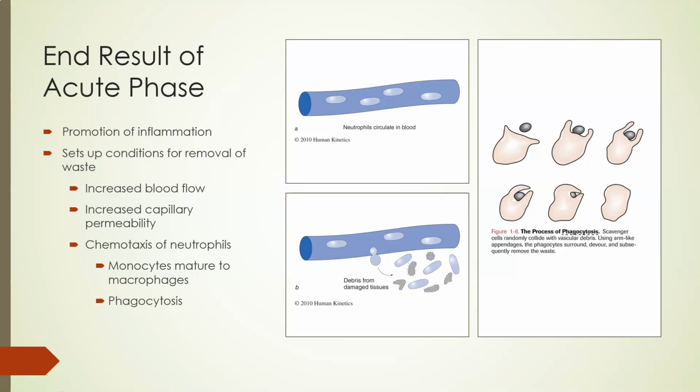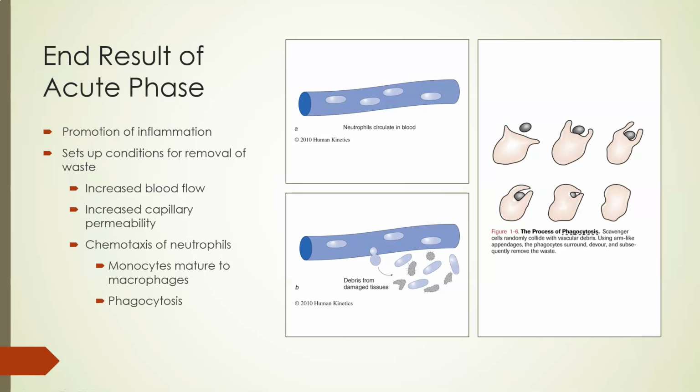And then the main purpose of the acute inflammatory phase is this chemotaxis of neutrophils to get phagocytosis in the macrophages, which will then start the process of repair.